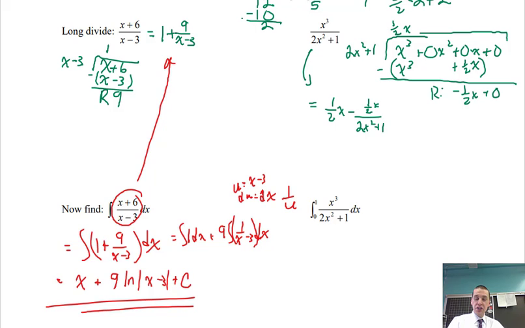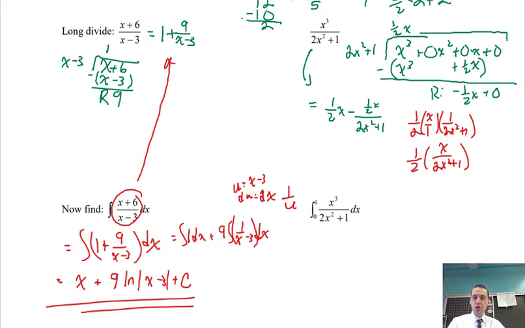Now we have an integral from 0 to 1 in this case. Notice that we have 1/2 x minus 1/2 x over 2x squared plus 1. Another way to write this is 1/2 multiplied by x over 1 times 1 over 2x squared plus 1. So you'll see that we really have 1/2 times x over 2x squared plus 1.